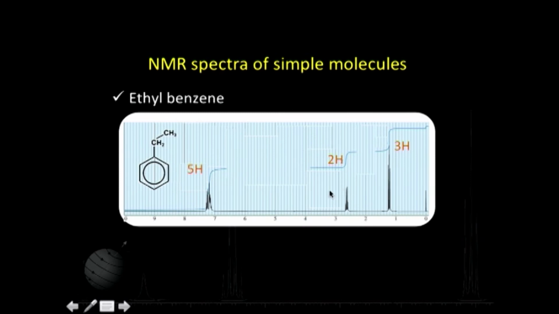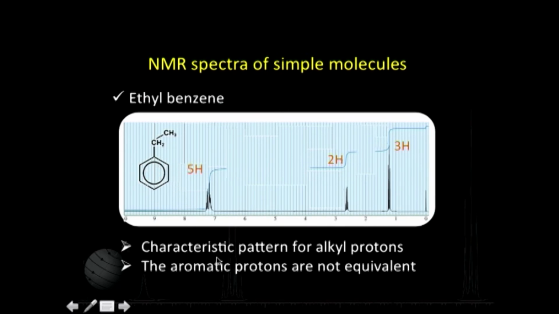This is coming as a 2 proton quartet, and this is a 3 proton triplet, and this is a kind of multiplet spectrum, which indicates that these protons are not equivalent. So, 2 things: the characteristic pattern of ethyl protons, and the aromatic protons are not equivalent here.